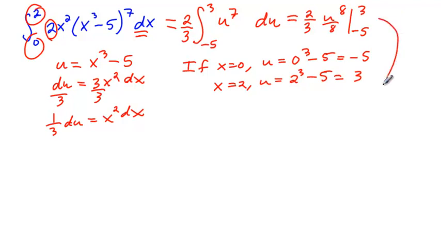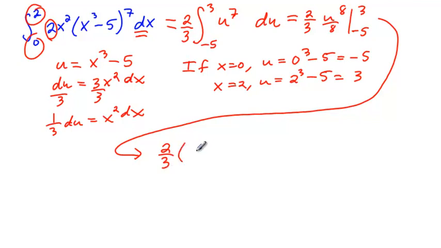Now let's bring this down below and we get 2/3 of, I guess we could have put the 8 out too, but 2/3 of 3 to the 8th minus -5 to the 8th, and let's bring the 8 out here, so we get 1/8 times 2/3 of this difference.